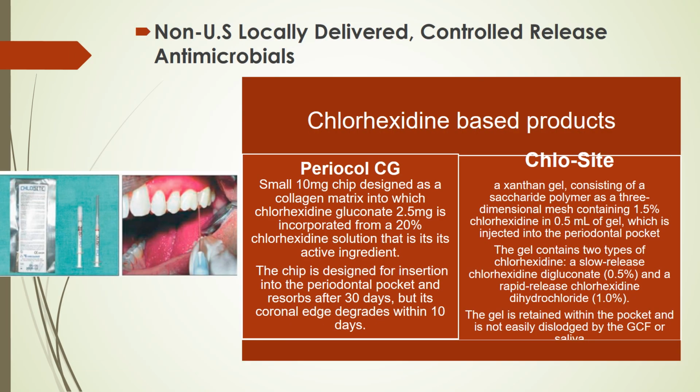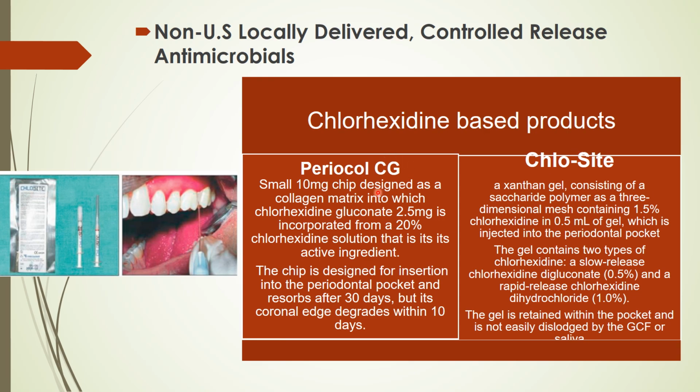So coming to the other products, there are non-US locally delivered controlled release microbials. These products typically use antimicrobial agents that were discussed earlier for US products and which are available in other countries. Coming to chlorhexidine based products, we have Periocol CG and Clorsite.